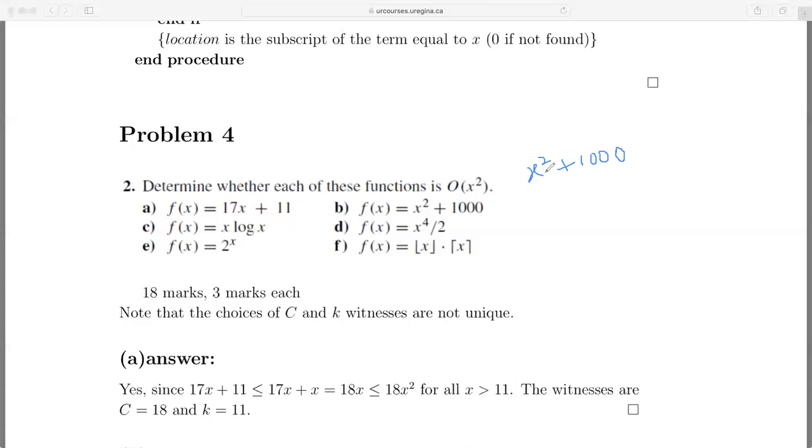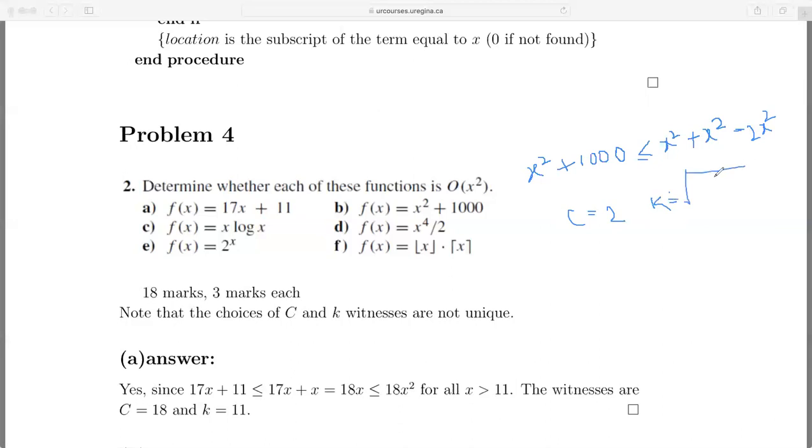So you have x squared plus, instead of 1000, x squared, which equals 2x squared. So you have got c equals 2 here, and you can choose k equals 1000.